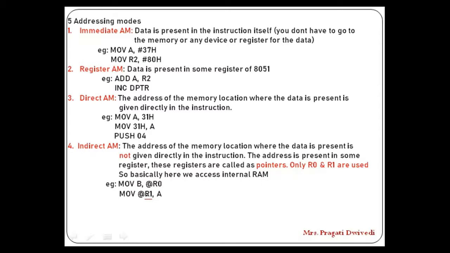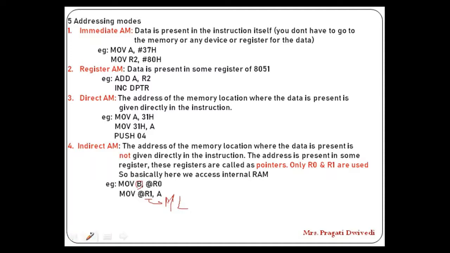Whatever is there in R1 is actually the address of the memory location. So you have to go to that memory location whose address is in the R1 register. Now your source is A and the destination is a memory location. In the first example, your source was a memory location and the destination was a register. Here it is vice versa.